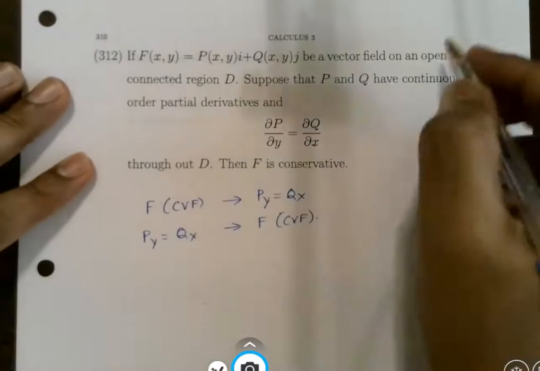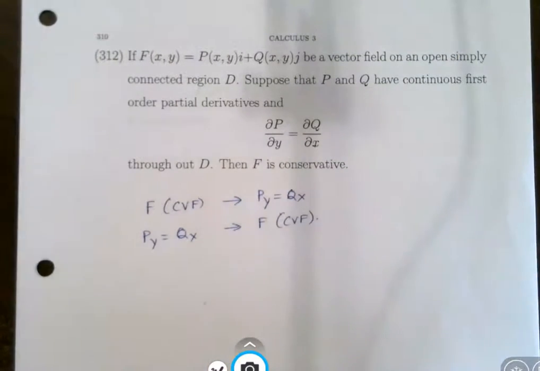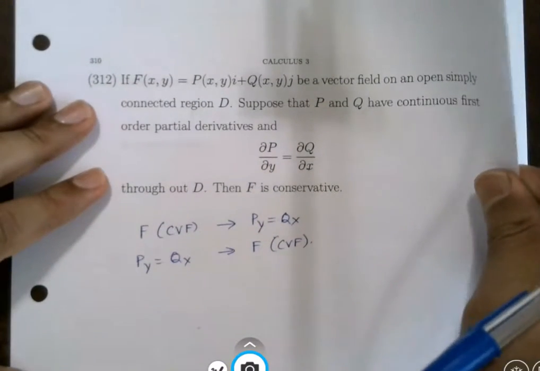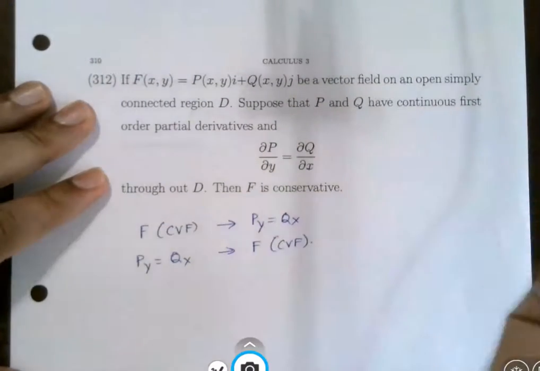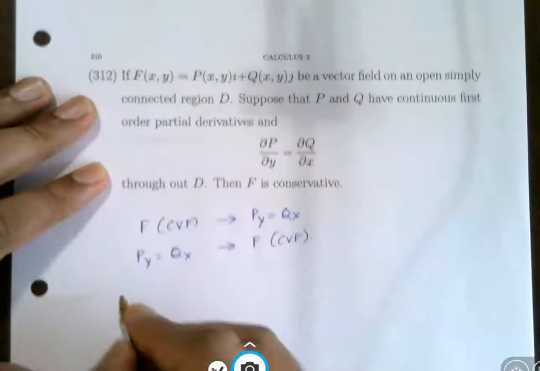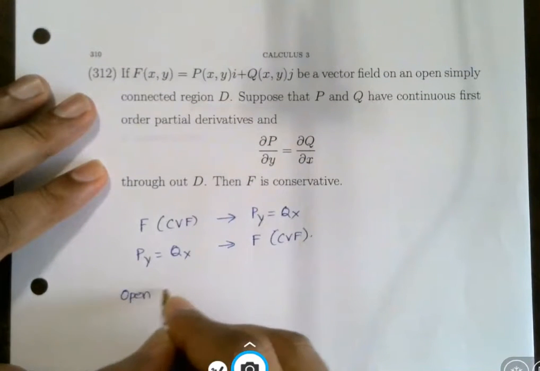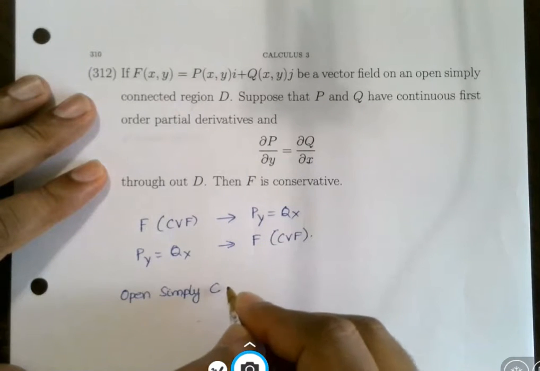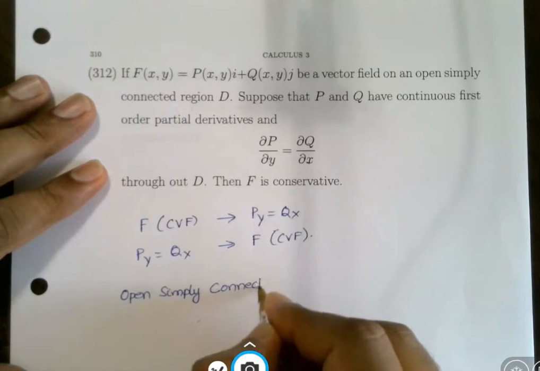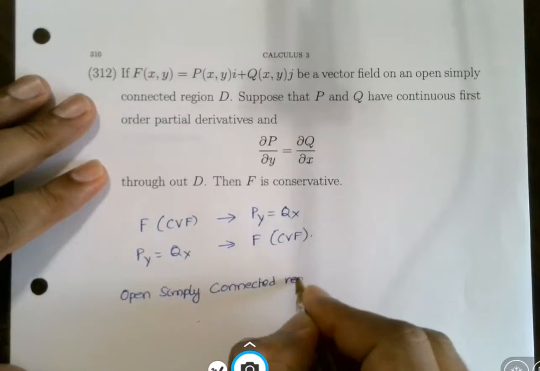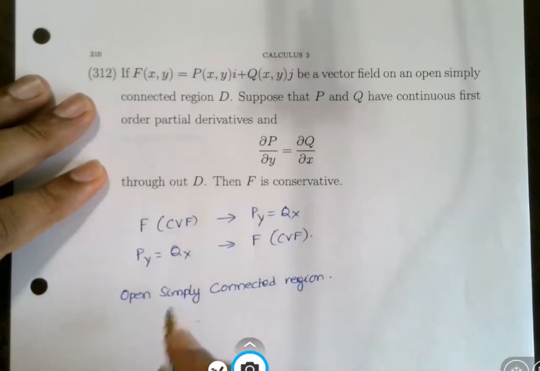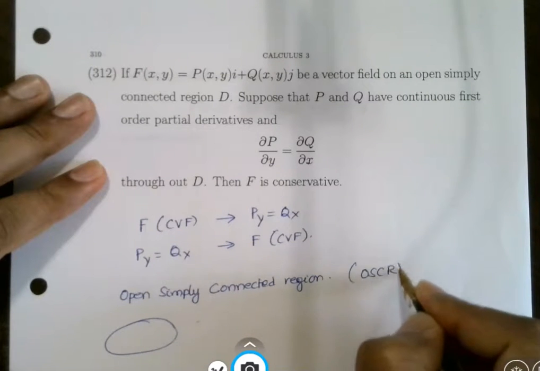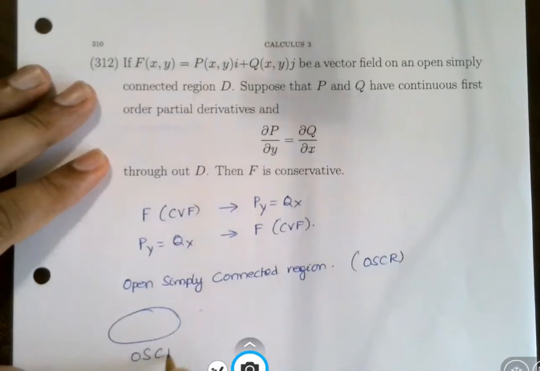Now, open simply connected region D. I'm not face to face, so let me just say accept it for now. I can draw pictures. Some examples: this is an open simply connected region.